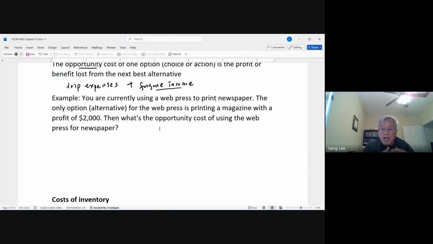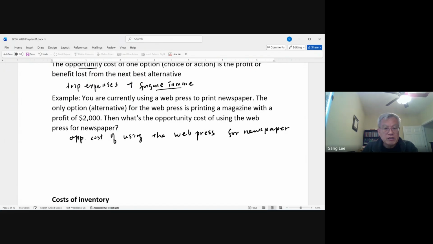And actually, to print a newspaper, how much does it cost? Well, whatever it is, the cost is the opportunity cost of using the web press for newspaper.